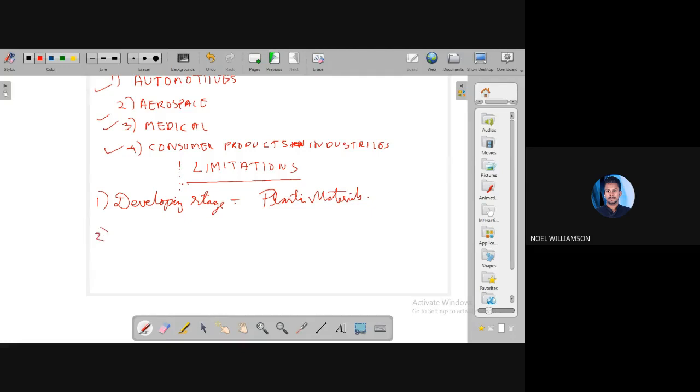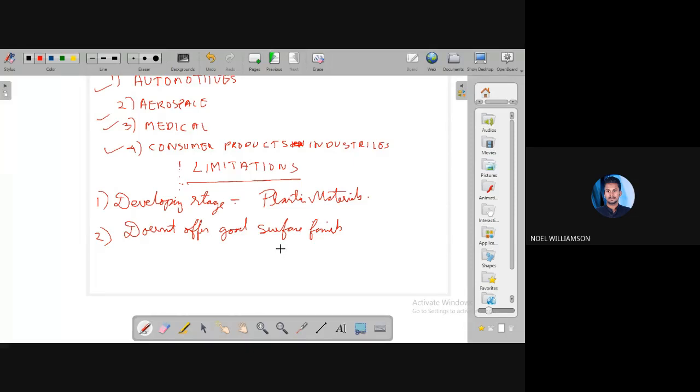Next is, this does not offer good surface finish. By rapid prototyping, we are getting just a rough working model, and it lacks good surface finish.